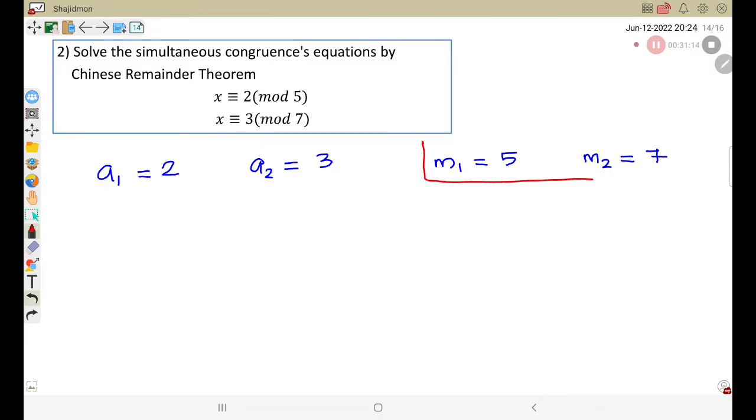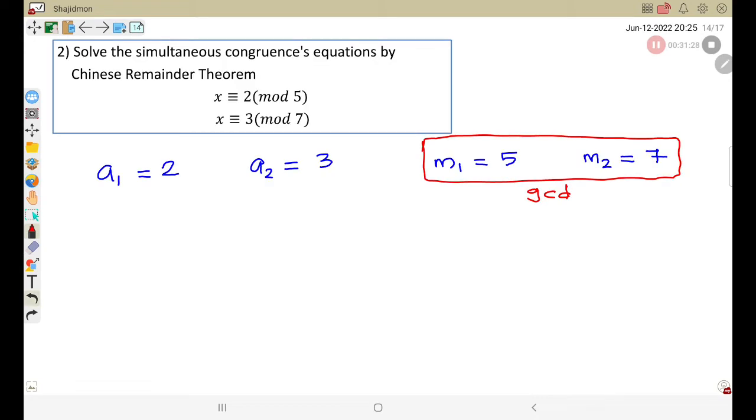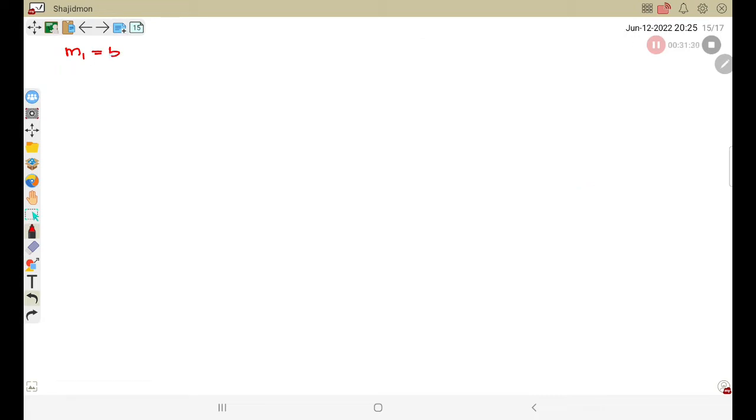Now check the GCD of these 2 numbers, 5 and 7. So m1 is 5 and m2 is 7. As we discussed, we divide like this.